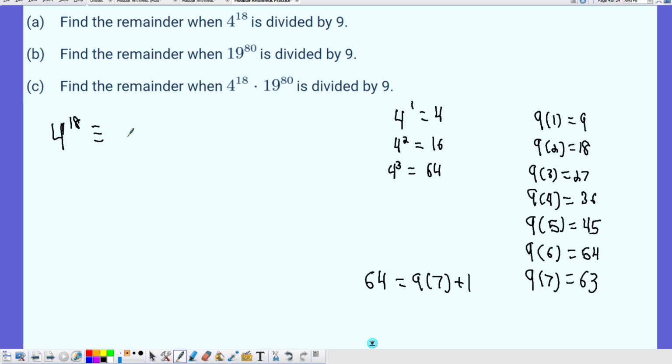I understand also that 18 is divisible by 3. So we have that 4 to the 3rd power raised to the 6th power is congruent to 64 raised to the 6th power, which is congruent to, well, 64 mod 9 is 1, raised to the 6th power, which is just congruent to 1 mod 9.